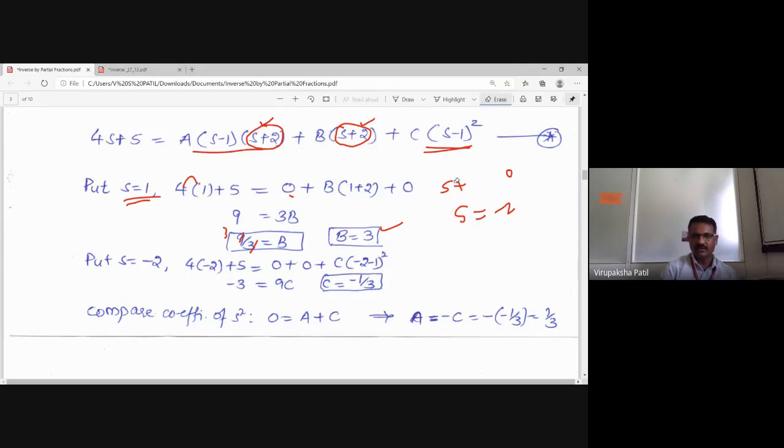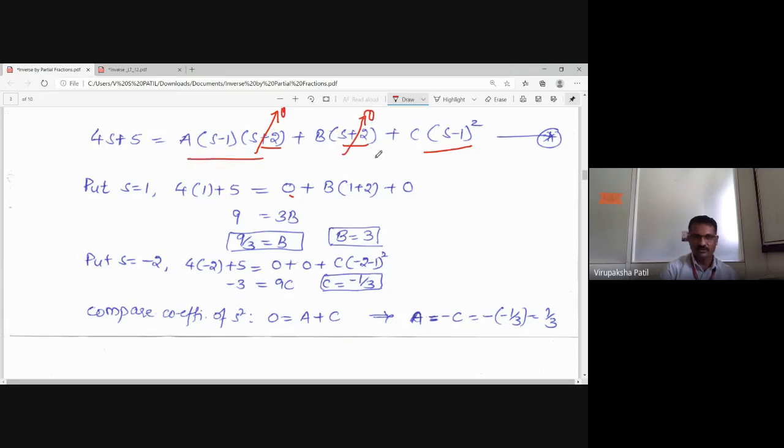So this technique you have to use when you solve the examples, if you are having more difficulty in the examples. So what I will do there, we will put s is equal to minus 2. So it becomes 4 into minus 2 plus 5. Then if you put s is equal to minus 2 here, minus 2 plus 2 becomes 0. 0 into anything is 0.